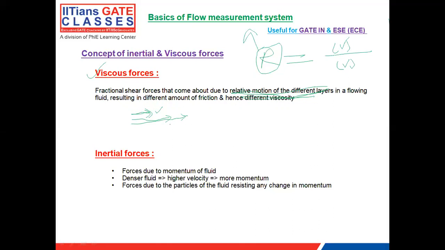When it comes to turbulent flow, the fluid profile is like this: one layer keeps on interacting with the other layer. So here there are less frictional shear forces and less viscous frictional forces. Here viscous forces are less; there, viscous forces are more.